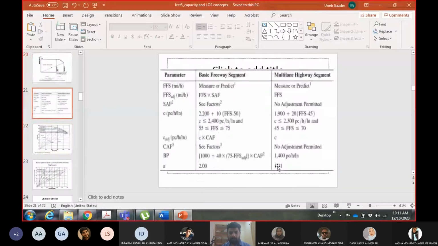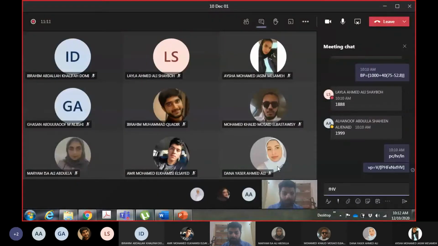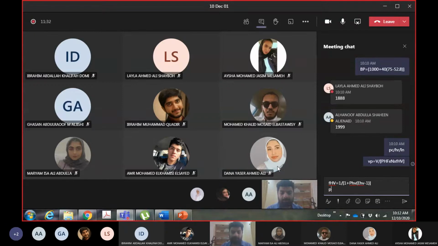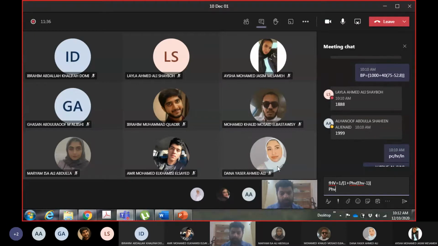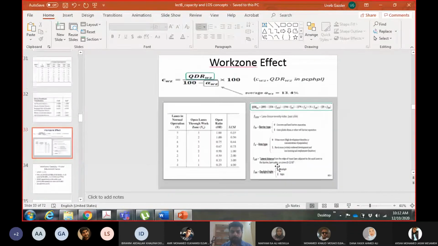For heavy vehicle adjustment factor, I remember the equation: 1 plus PHV, which is the percentage of heavy vehicles, times EHV minus 1. PHV is given as 2%, so 0.02, and for EHV, this is rolling terrain.